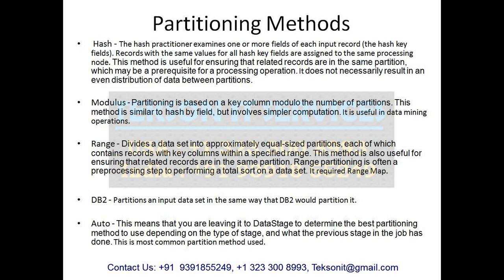We can't use it with auto partitioning. So if we want to use inbuilt sort, we must define a partition. Yes, you should know which partition to use with which stage.